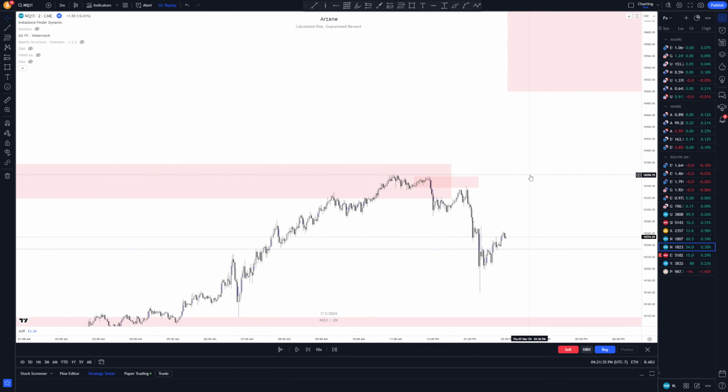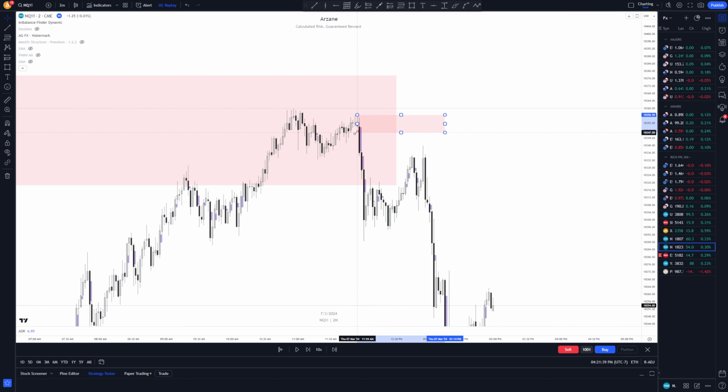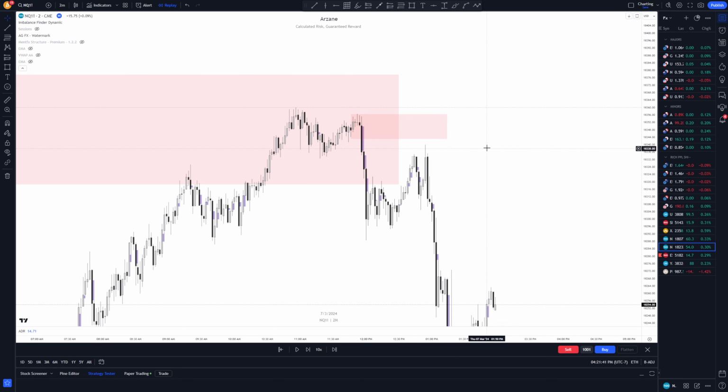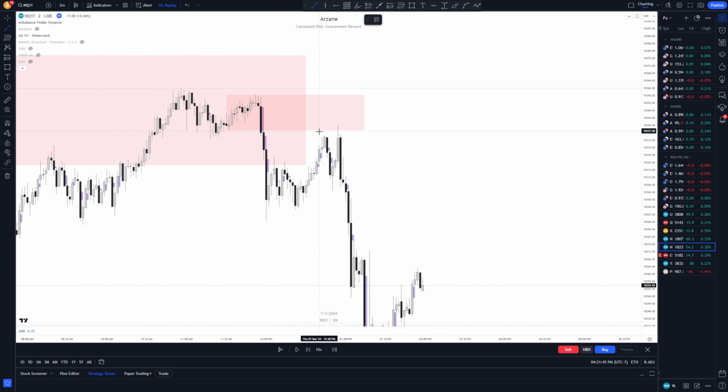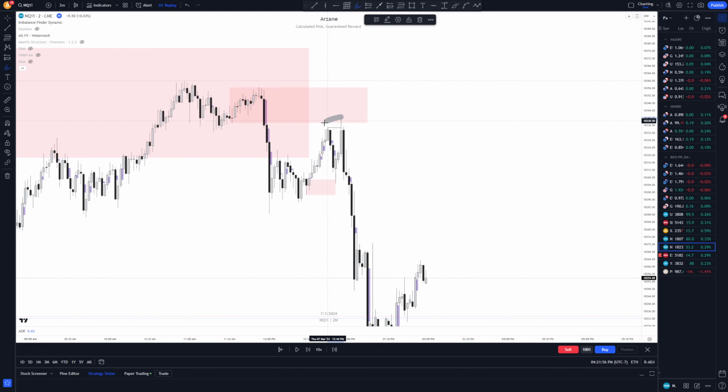So my 2-minute zone would most likely be something like up here. If you've seen any of my other videos, this is a valid entry right here, because we're tapping into a zone, we're pushing up through it, but the problem is we can't close above it.